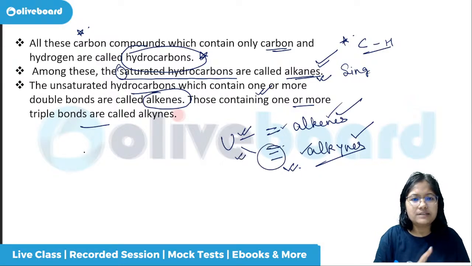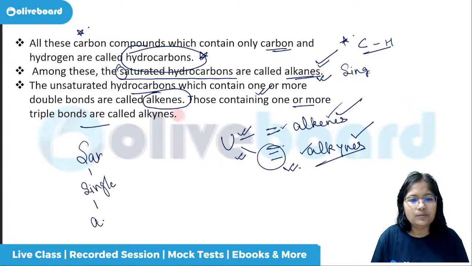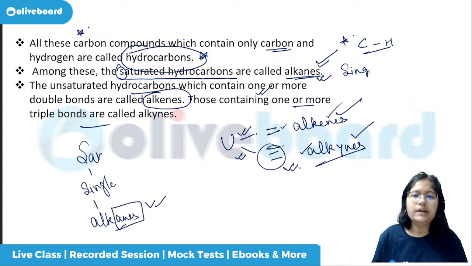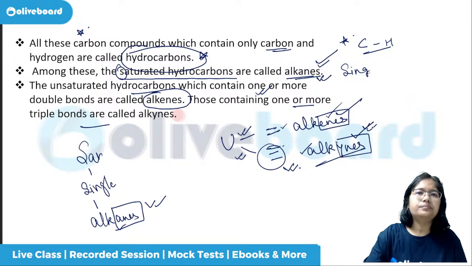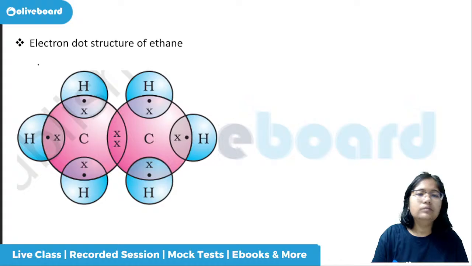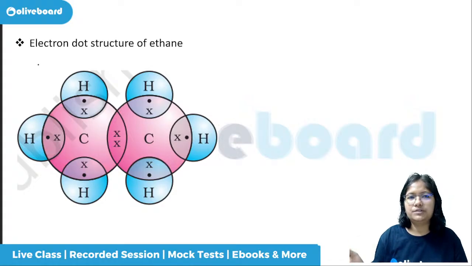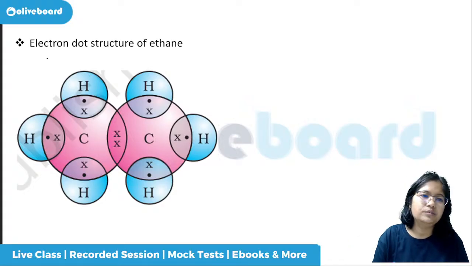Before some time we had studied S for saturated, S for single. Now just add the word alkanes here. Double bond means alkenes and triple bond means alkynes. Now, how these will be used, you will see in many questions, and we are moving ahead.